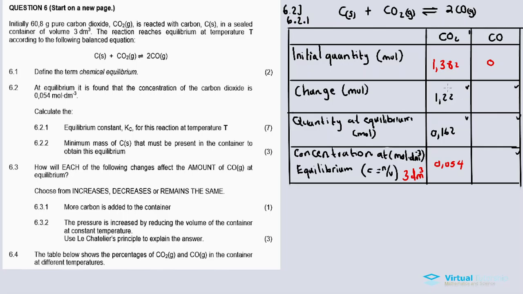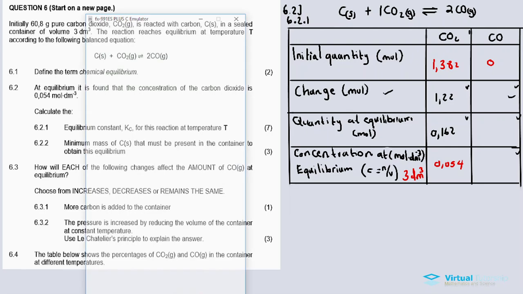1.22, right? Now, since I have found one change, a value for a change for carbon dioxide, it means I can calculate the amount of change for carbon monoxide using stoichiometry. So for every one mole of carbon dioxide that reacts, 2 moles of carbon monoxide are formed. So therefore, the value for here is 2 times this value, since it's a 1:2 ratio.